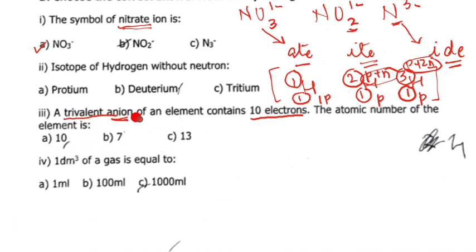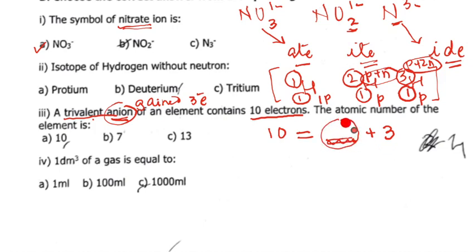Now trivalent anion, if it is an anion, it has gained trivalent means 3 electrons, which means now it has got 10 electrons. These 10 electrons are something that it had from before, plus it had gained 3 electrons.